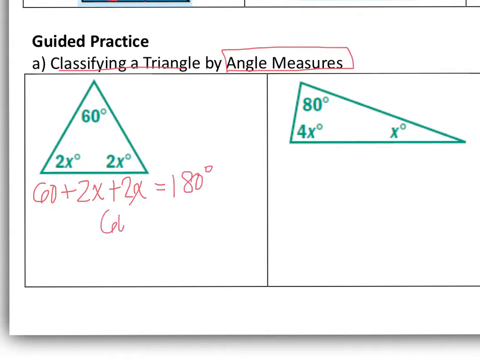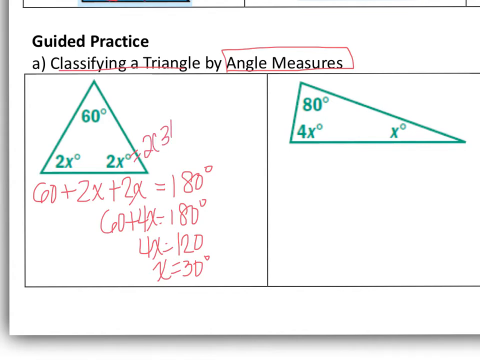So 60 plus 4x plus x would equal 180, so x would equal 30 degrees. So 2 times x, 2 times 30 is 60. The same goes for this one.